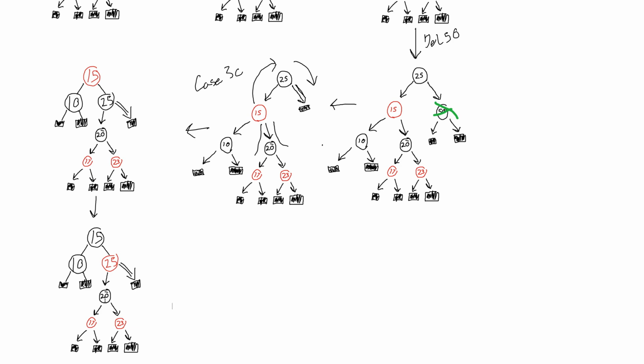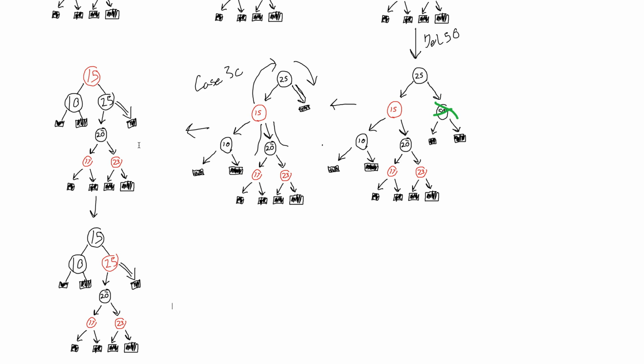In this case, our new sibling is black. So when our new sibling is black, we can go and look at our cases and decide what's going on. We have two potential cases. We could go with case 3A, or we could go with case 3B.